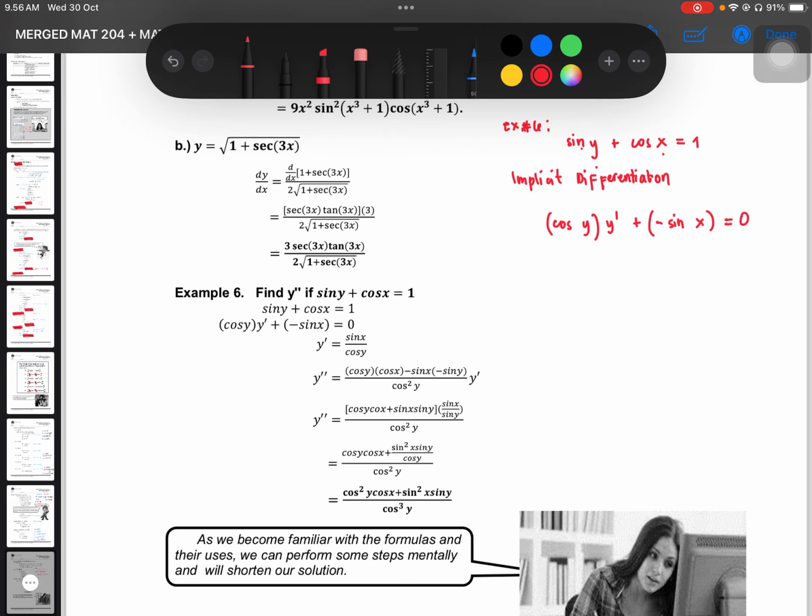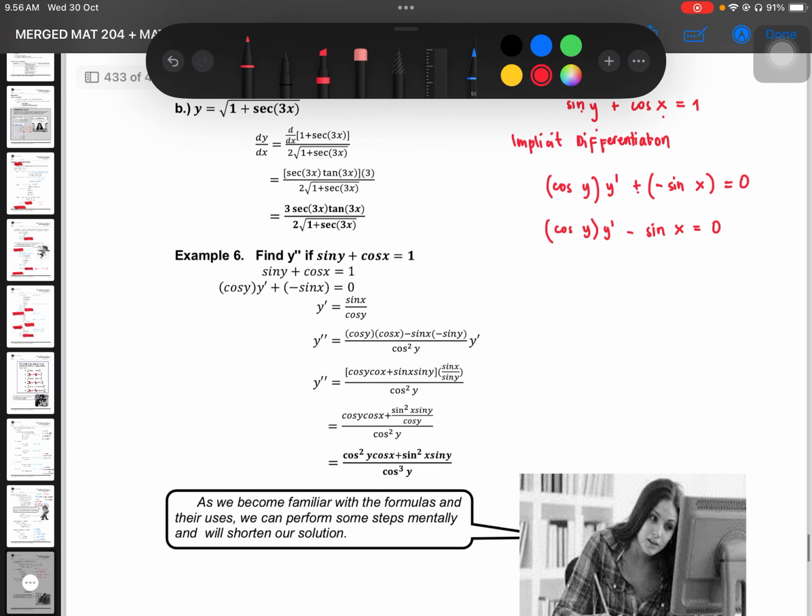Okay. Next naman natin is that, ayusin lang natin, we have cosine y muna pala. Cosine y multiplied by y prime. Then, positive, negative, magiging negative. Negative sine x is equal to 0.